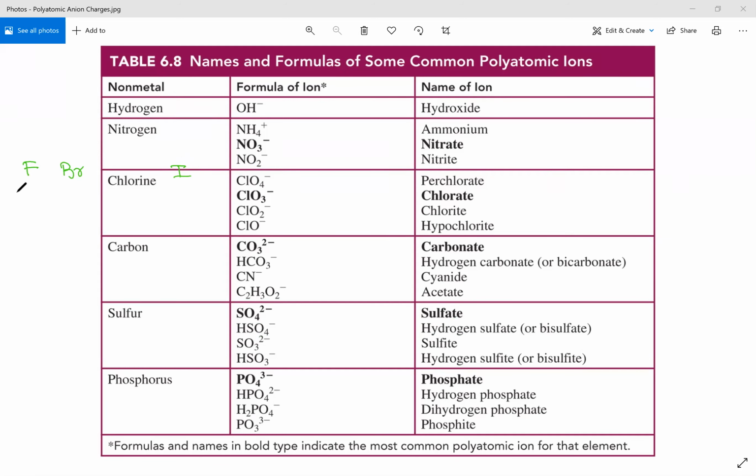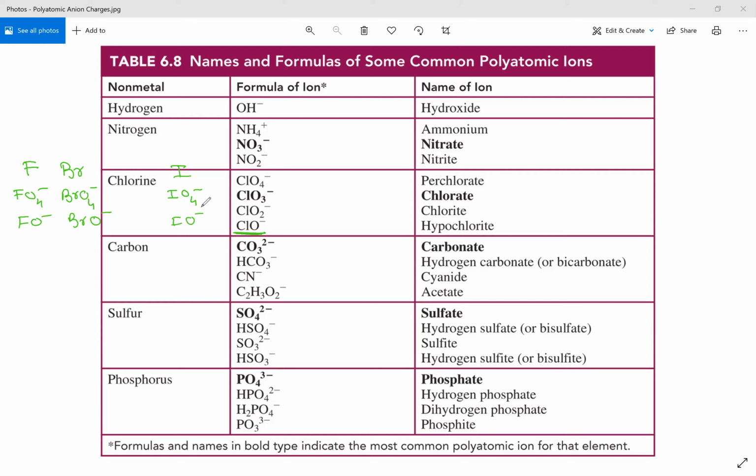Like if I call ClO4 minus, I can also call FO4 minus, BrO4 minus, and IO4 minus. The same way, for the last example, ClO minus, I can also refer to FO minus, BrO minus, and IO minus.